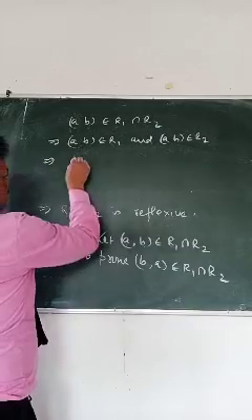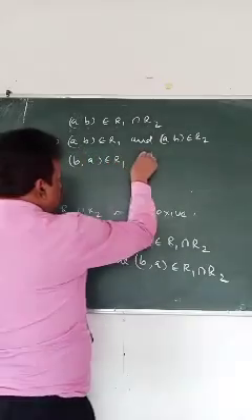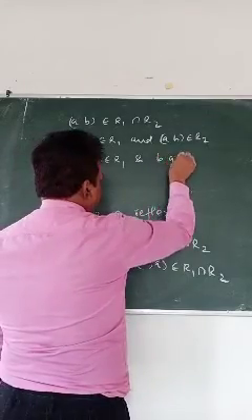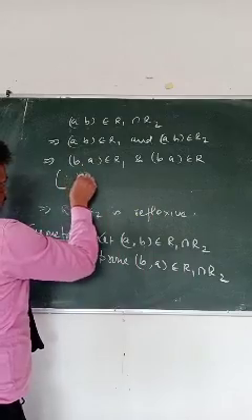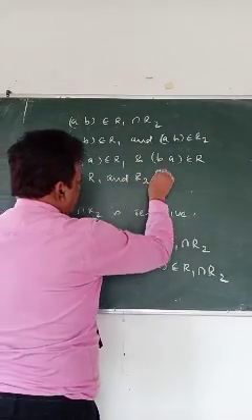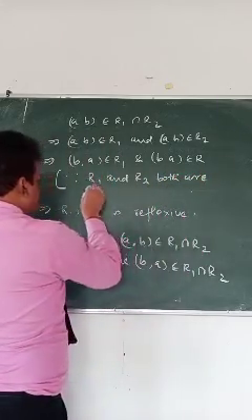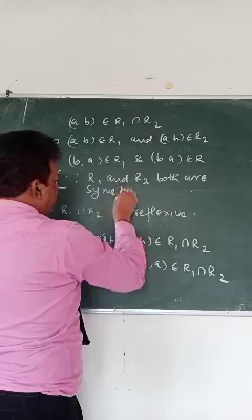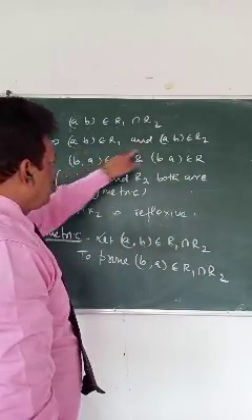Because of symmetry, the reverse also belongs. Implies (b, a) belongs to R1 and (b, a) belongs to R2. Why? Since R1 and R2 both are symmetric. That is why you can write the reverse element here.